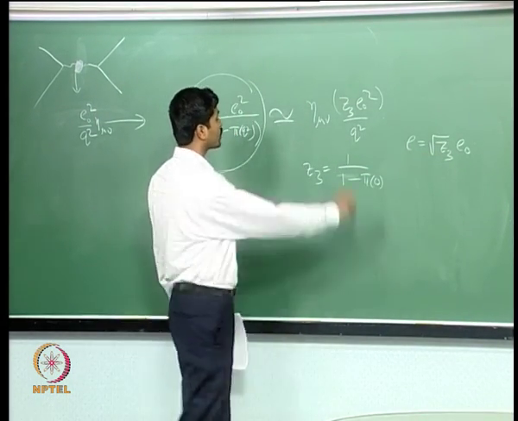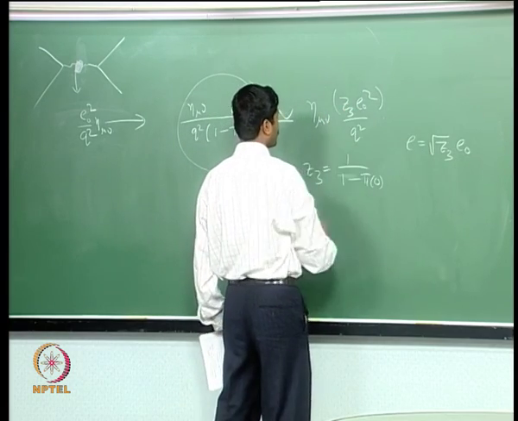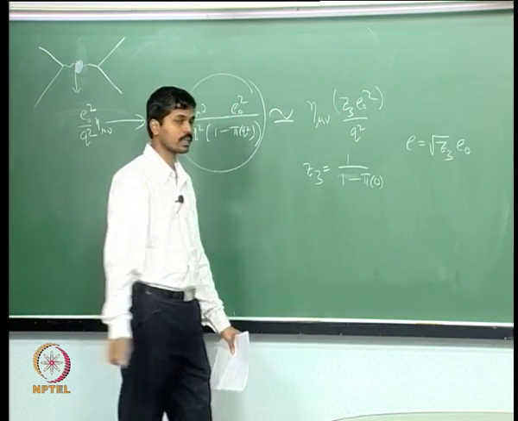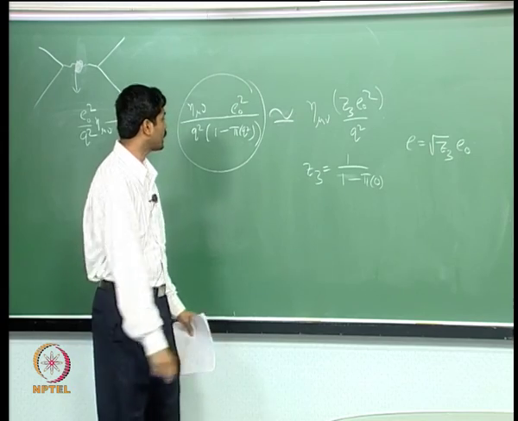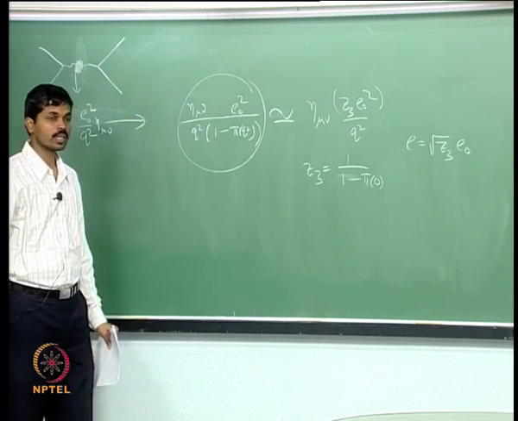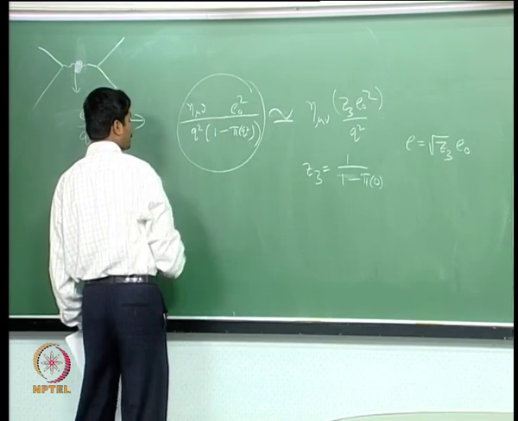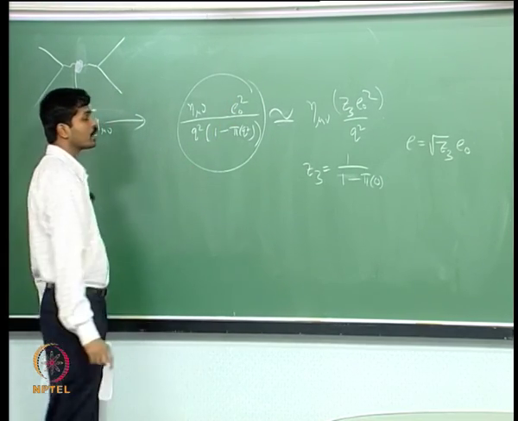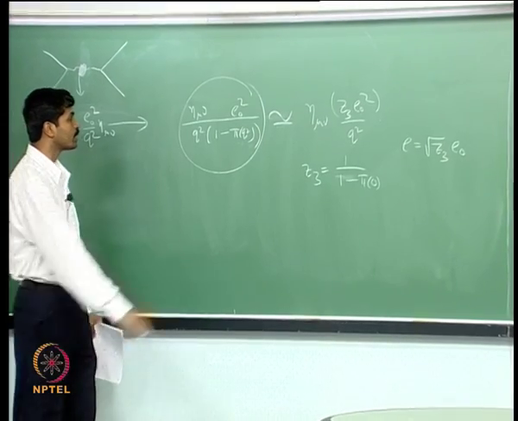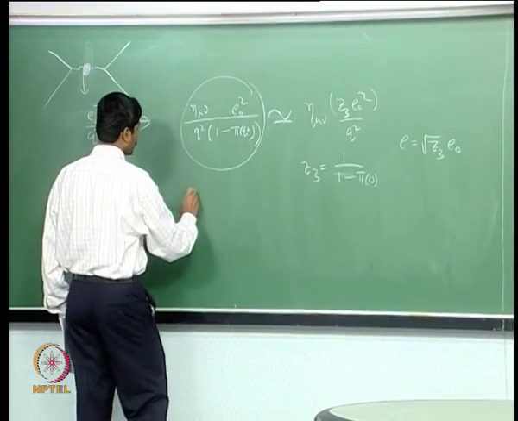So, this is what you get when q squared is close to 0, but for any finite q squared you consider, this is the contribution that you get. So, effectively you have an effective charge of the electron which depends on q squared.